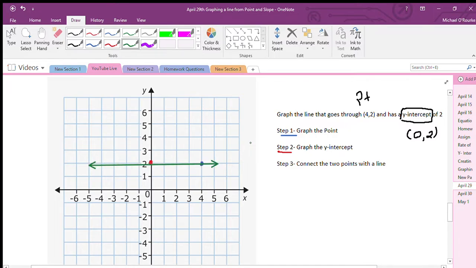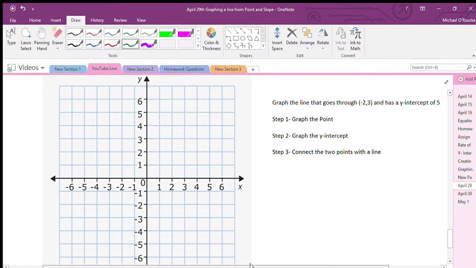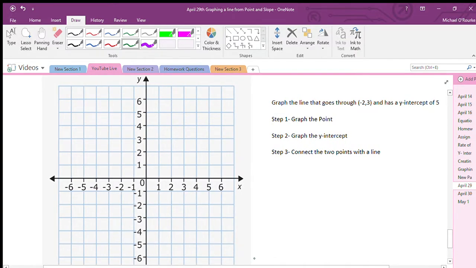There we go. I want you to try this one by yourself real quick. Pause the video if you're not done yet. If not, I'm going to start. So graph the point -2, 3, so back 2 and up 3.